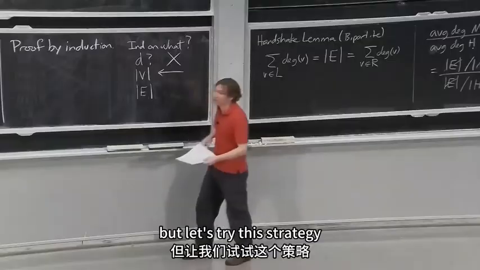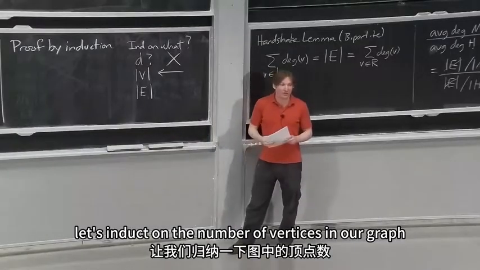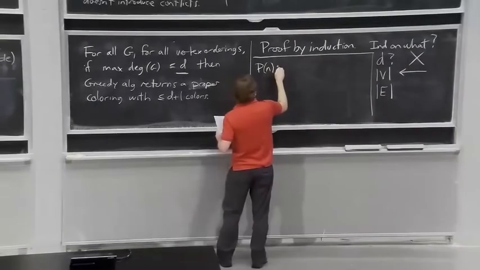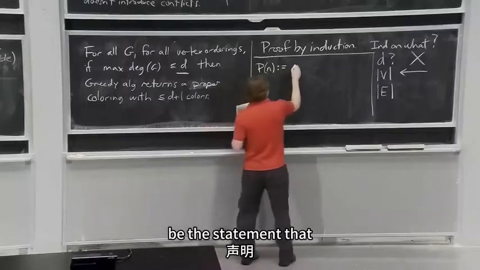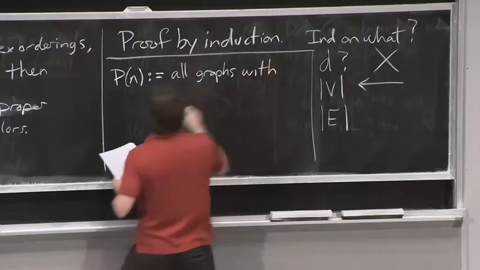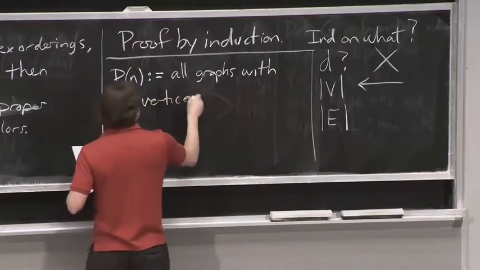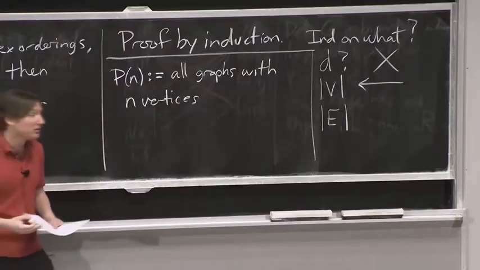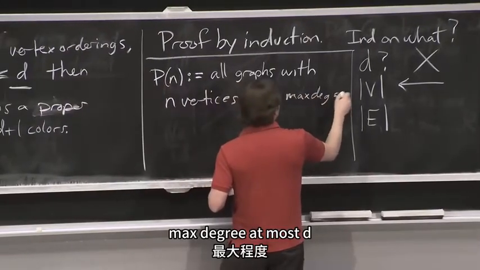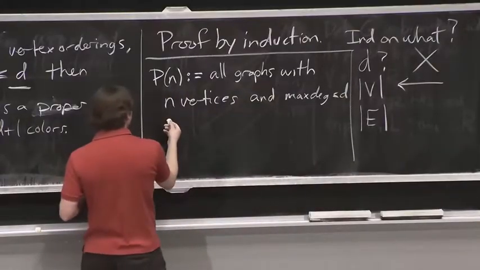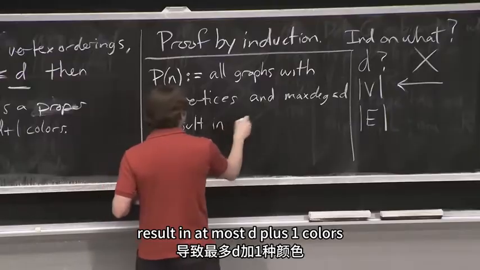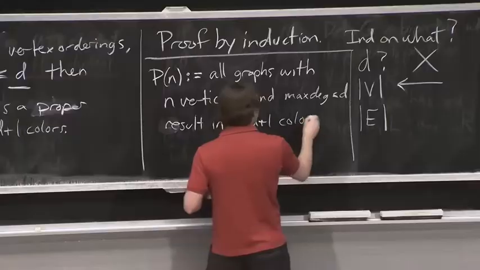But let's try this strategy. Let's induct on the number of vertices in our graph. And here's what that means. We're going to let P of n be the statement that all graphs with exactly n vertices and max degree at most d result in at most d plus 1 colors from the greedy algorithm.